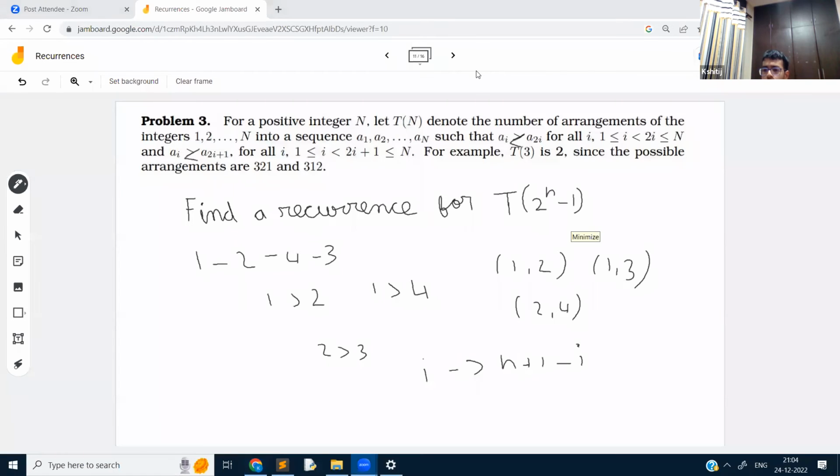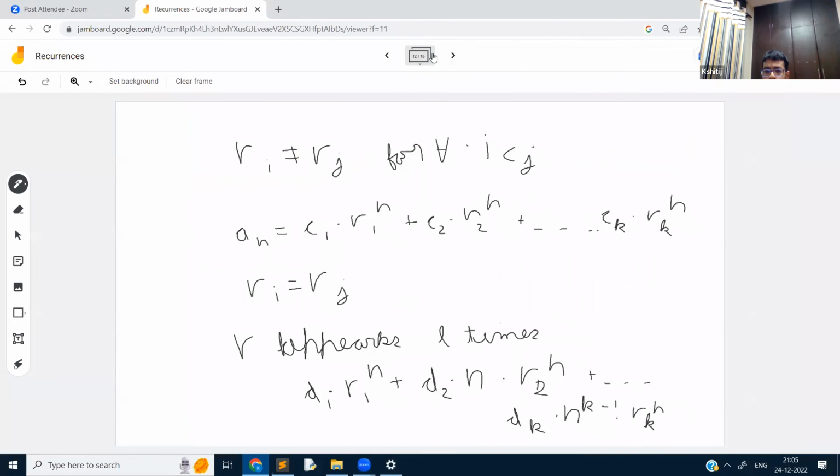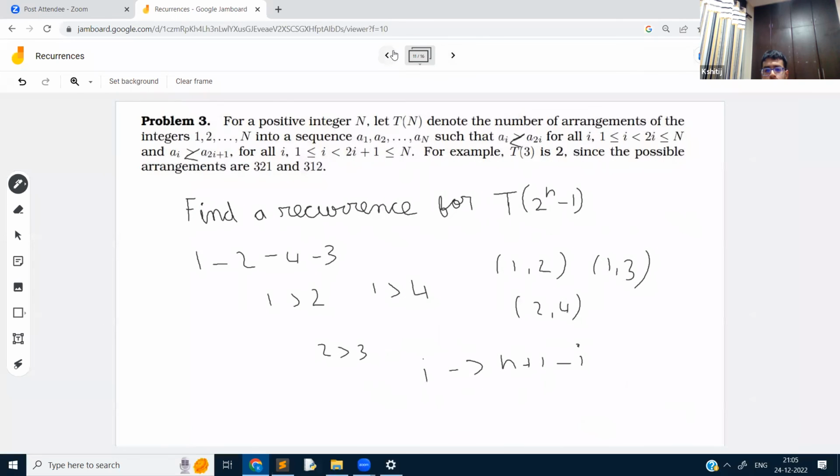Suppose there's an array of size n. So you have to arrange the n numbers in some order. And now you have to find a recurrence for t 2 to the power n minus 1.